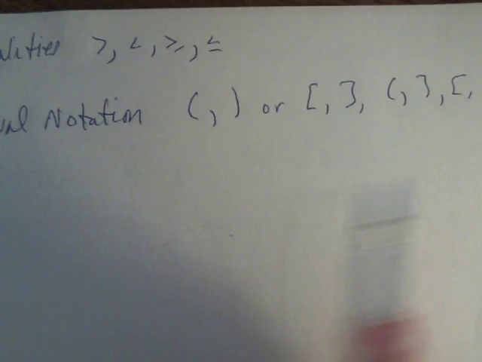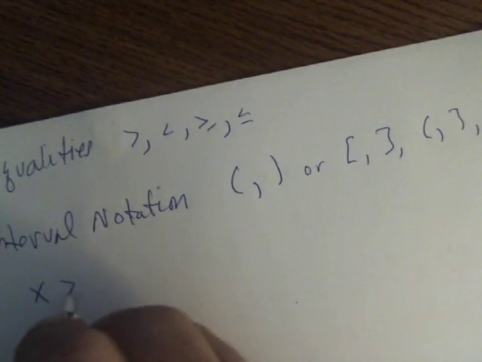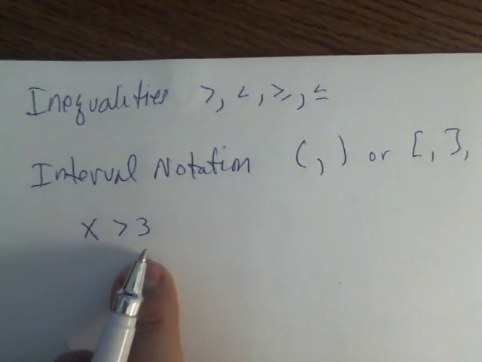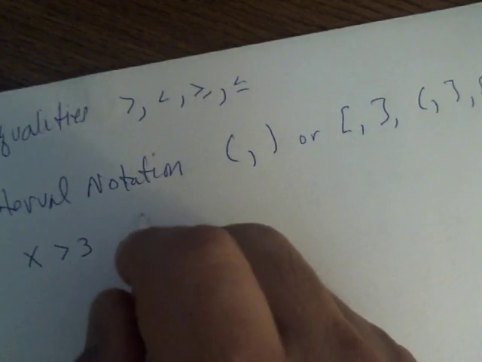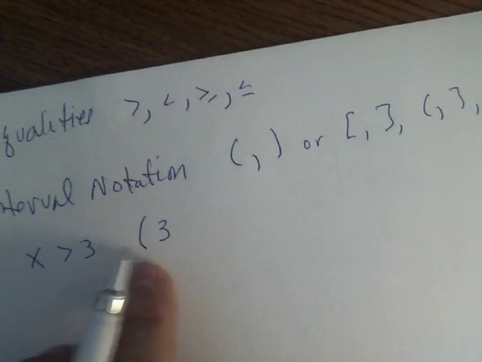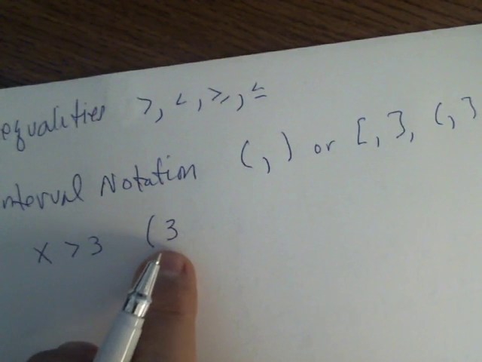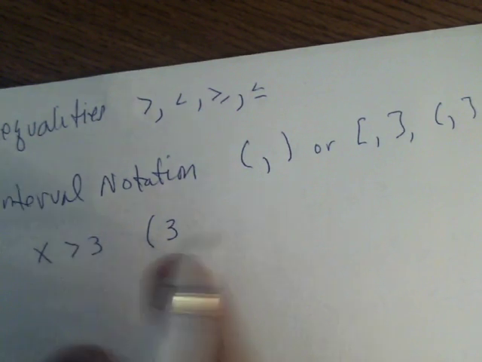But when we talk about intervals, think about it as between two numbers. If I had x greater than 3, that means I'm going from just bigger than 3 all the way to infinity. In interval notation, I would list 3 with a parenthesis, because the parenthesis means it does not include 3. If I said I need more than 3, you're not going to give me 3.